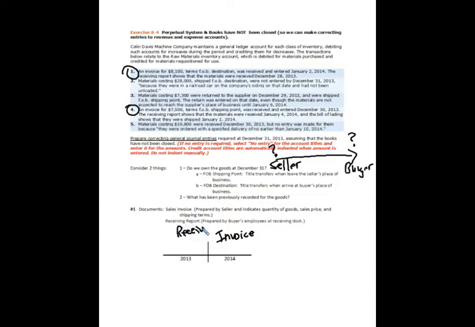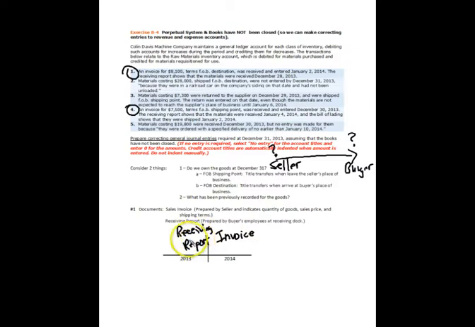So we really have to understand, what are these documents? Because seemingly they're telling us two different things. The sales invoice is prepared by the seller. It's going to tell us about the quantity of goods, the sales price, and the shipping terms. The receiving report is something, if we're the buyer, we prepare, and usually it's our employees on the receiving dock.